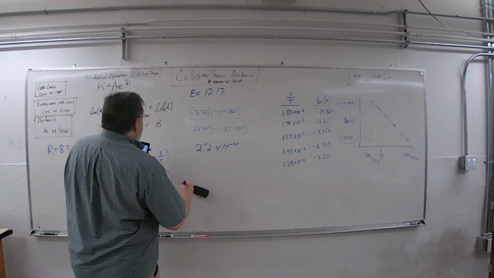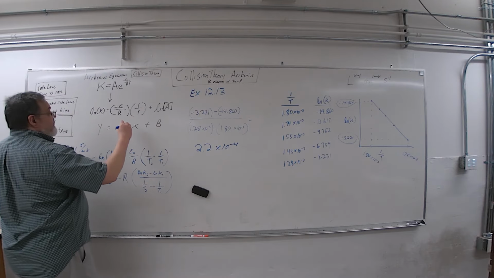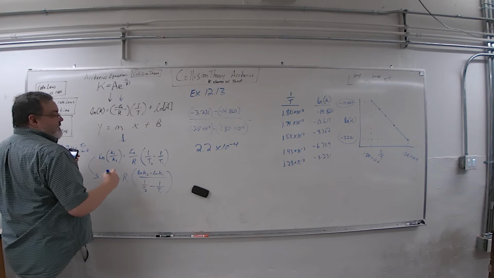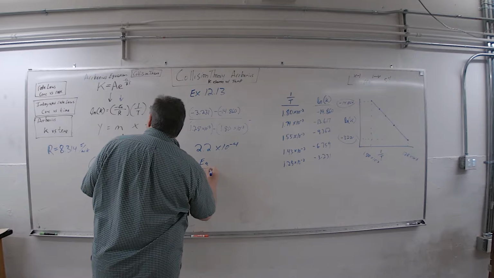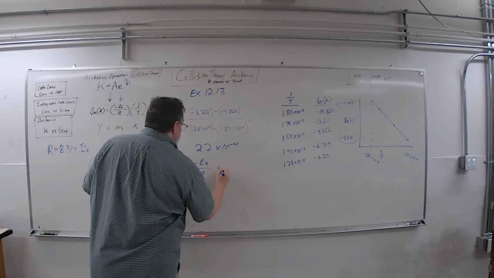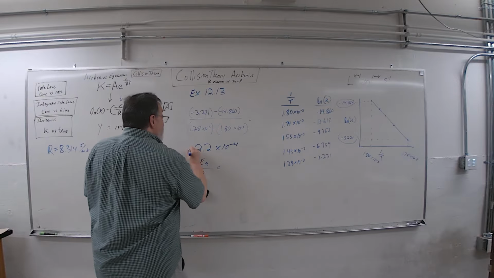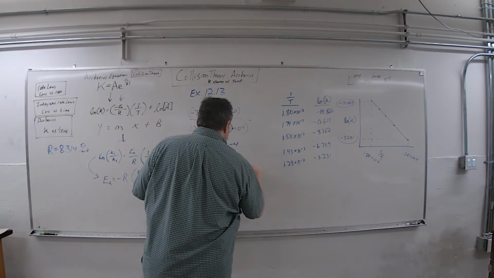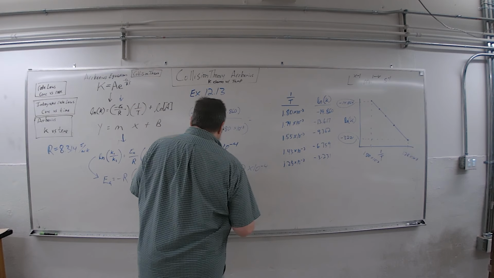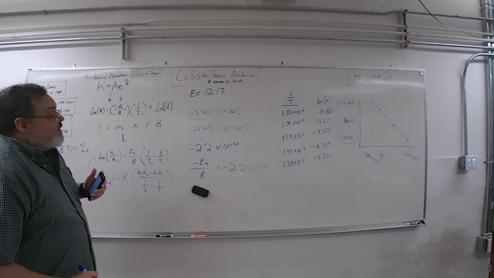and then that means that this is the slope. The slope has to be equal to this. So negative EA. This is negative. So this equals this. And then we want to solve for EA.